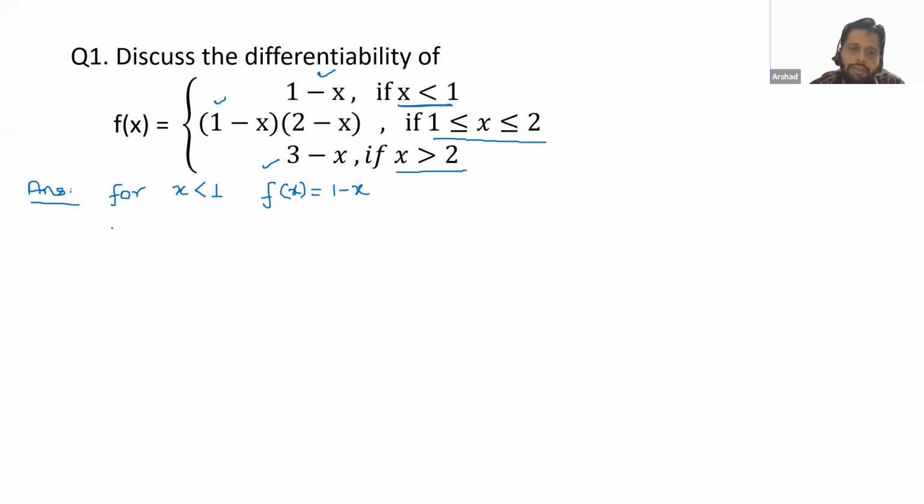So we will write that 1 minus x is a polynomial function which is differentiable.